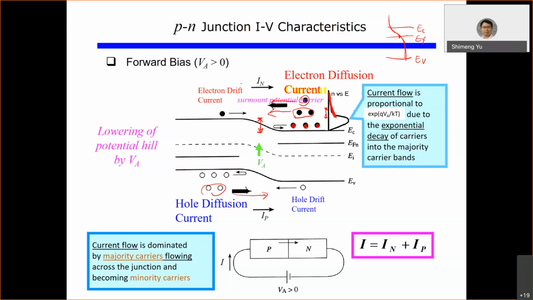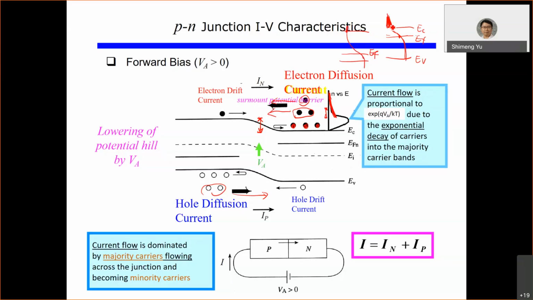So this exponential decay is true for the N-type or P-type, it doesn't matter. The only difference is that for the N-type, you have more electrons here because the EF is close to the EC. If you think about the P-type, EF is lower, right? So you have much fewer electrons here.